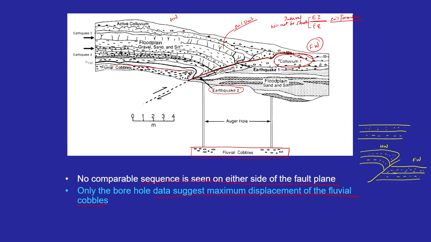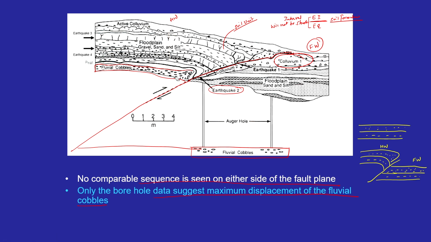The net displacement, compared to this layer, is much larger than what we see in this portion of the trench. So this is the exposed section, you can say.